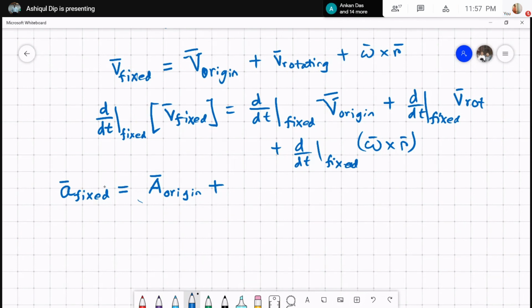This is totally meaningless as it stands. We need to reduce this into rotating derivatives. So remember the identity we derived earlier.